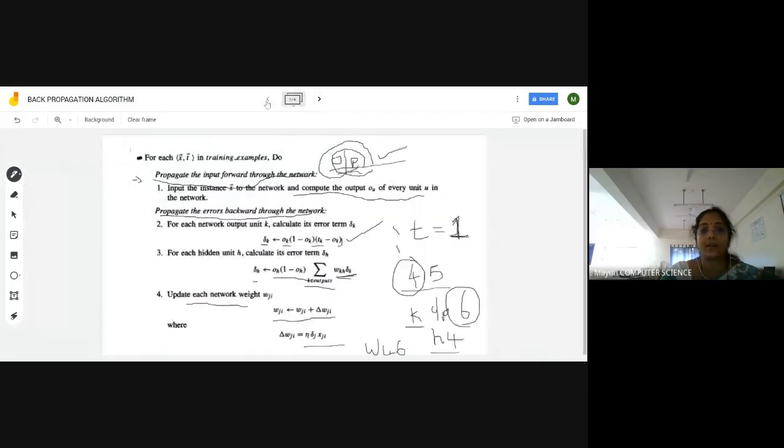So what is the formula given for the weight updation? It is learning rate into whichever del you are at. Suppose you are at the output layer, calculate the del and then multiply by the respective input. What is the respective input here?